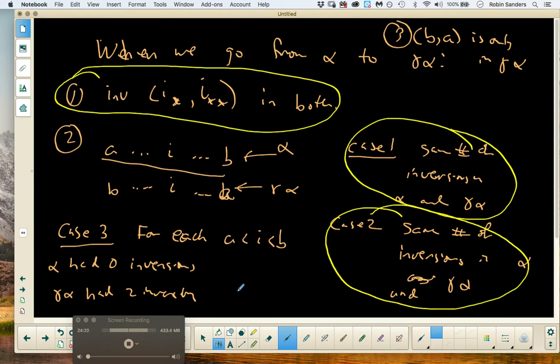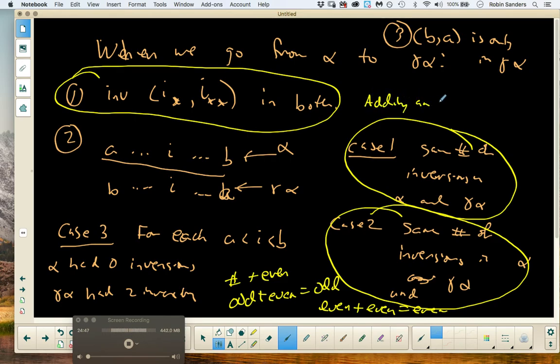And now if you have any number and you add an even number to it, well, if it's odd plus even, that stays odd. And if it's even plus even, that stays even. So the net result is adding an even number does not change the parity.